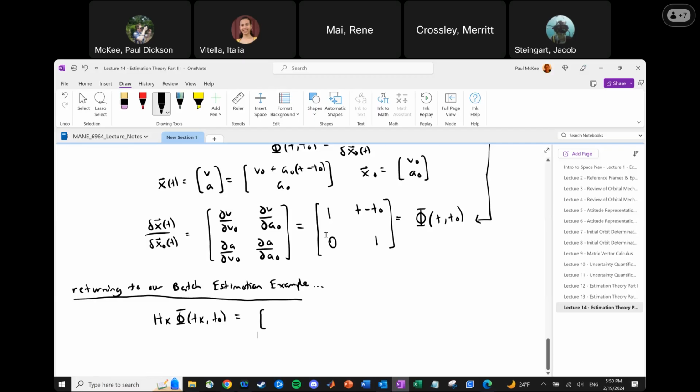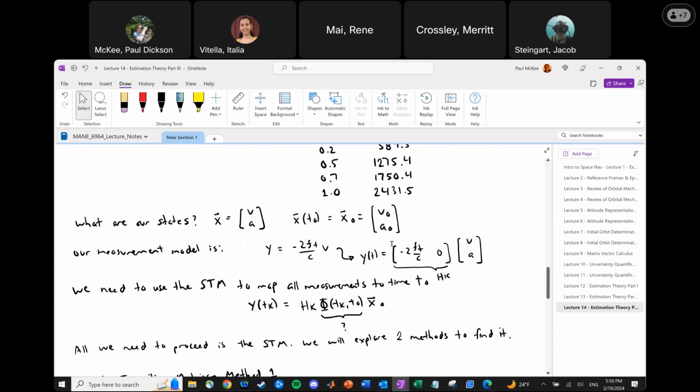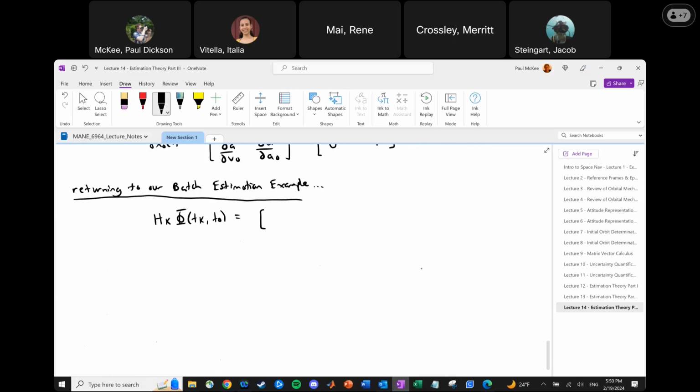Well, remember that it's not exactly our measurement sensitivity matrix, but it's kind of our HK, so to speak. Maybe I'll put a little dotted line right here to make it clear. HK is -2 transmission frequency over the speed of light, and then 0, because we're not directly estimating A. Okay, so that is -2 transmission frequency over the speed of light, and then 0. And then this multiplies by 1, T minus T naught, 0, and 1.